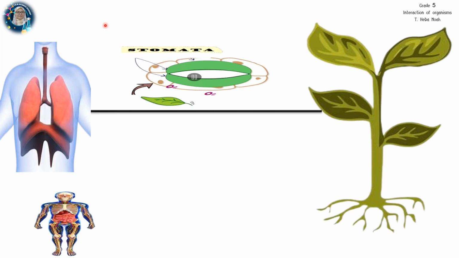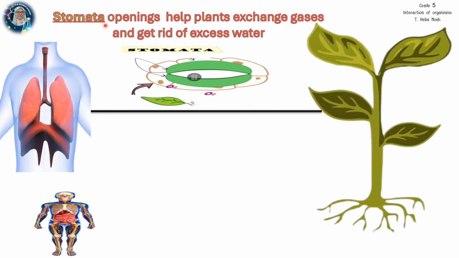طب ده الفانكشن بتاع ايه؟ Our respiratory system. Through our respiratory system oxygen gets in, so our body can use it, and carbon dioxide gets out. يبقى our respiratory system exchange gas, and stomata of the plant is the part where the plant exchange gases. تمام؟ يبقى هنا stomata openings on the leaf work as respiratory system.